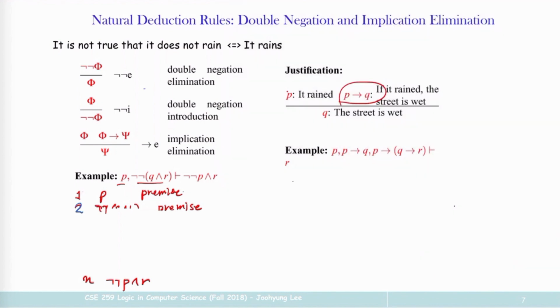Let's just copy this back. What I want you to do is to look at the conclusion and try to think backward. If your goal is to prove a conjunction of not P and R, what are the sub-goals that you have to prove? If you can establish these, then the last line can follow. What are these two formulas?